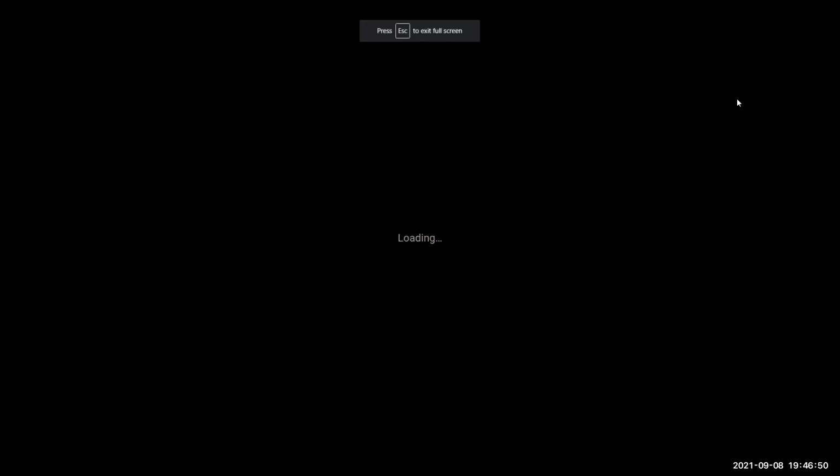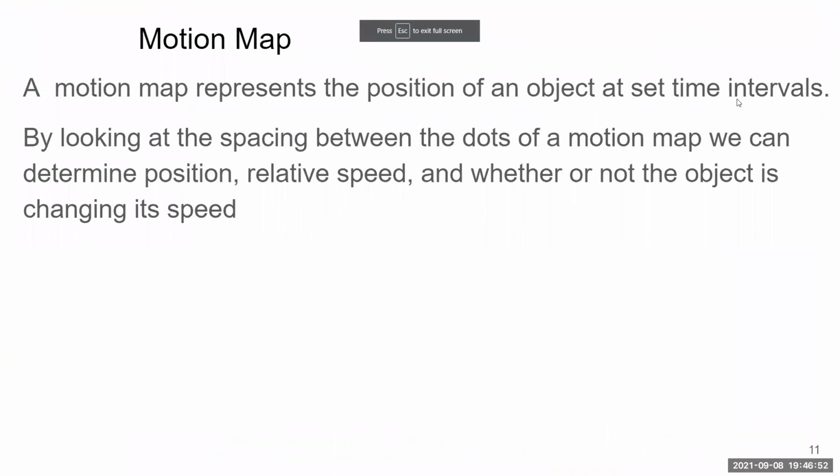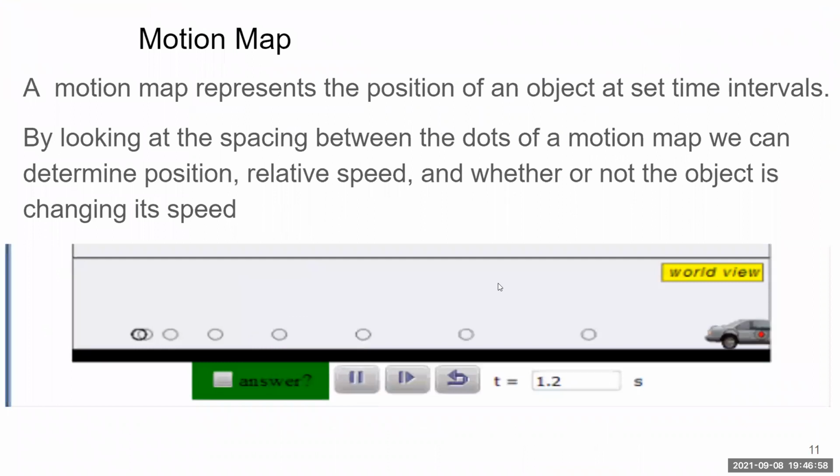All right, here's the last little bit that we got into today, starting to talk about motion maps. A motion map represents the position of an object at a set time interval. By looking at the spacing between the dots of the motion map, we can determine position, relative speed, and whether or not the object is changing speed.